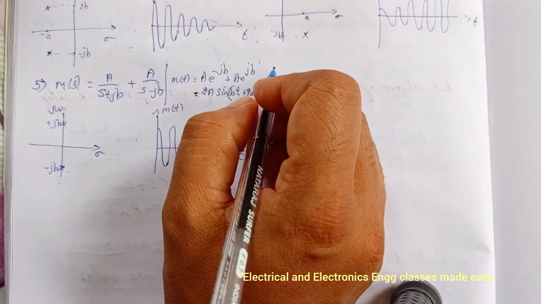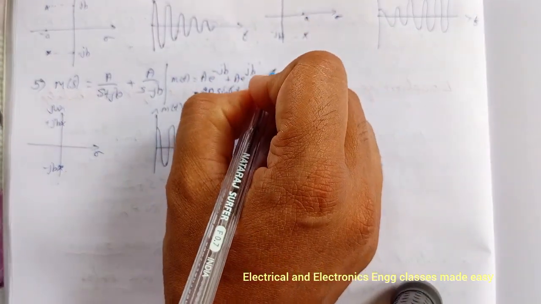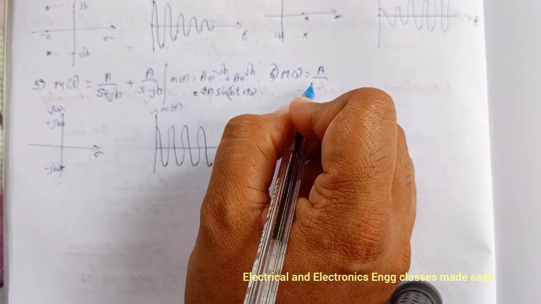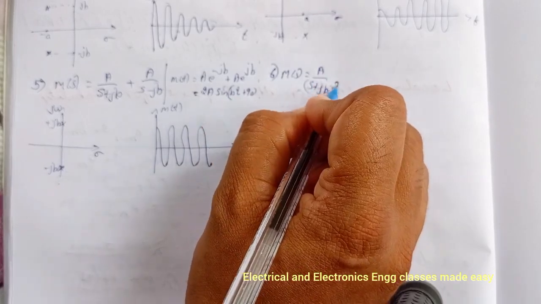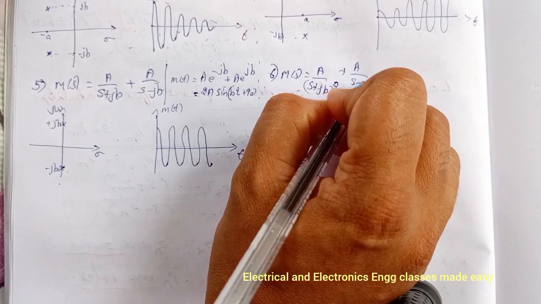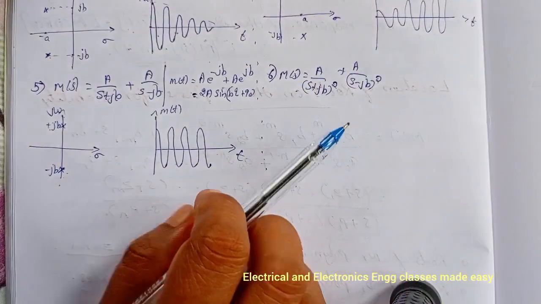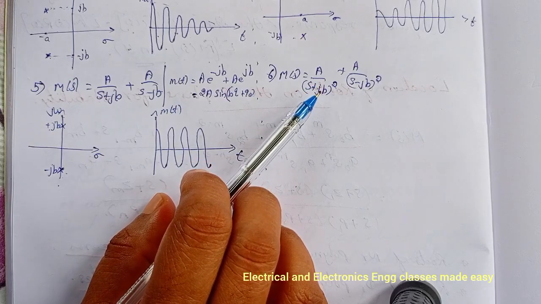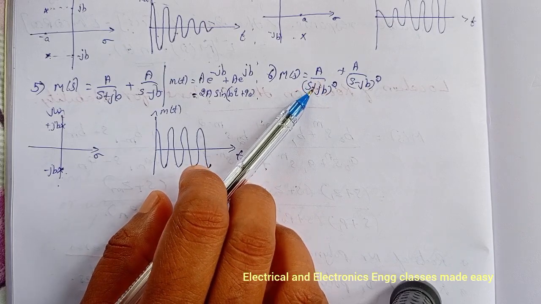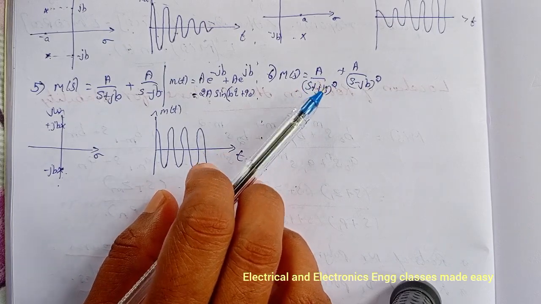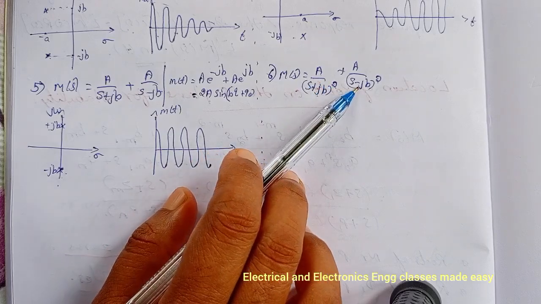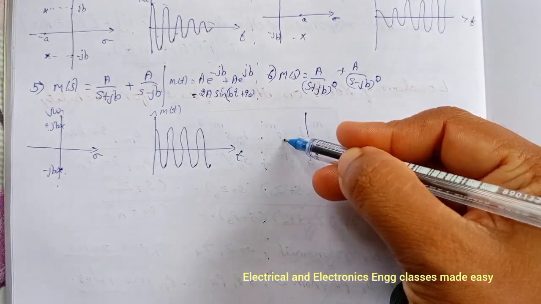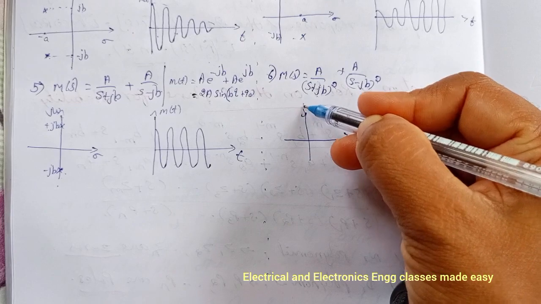And another case is a double pair of roots on the imaginary axis. That is, if m of s equal to a divided by (s plus jb) the whole square plus a divided by (s minus jb) the whole square. So here it means that the imaginary roots are a double pair. That is, here s equal to minus jb, again minus jb, that is double. Here also s equal to plus jb, it is double. So we can locate like this, sigma j omega.